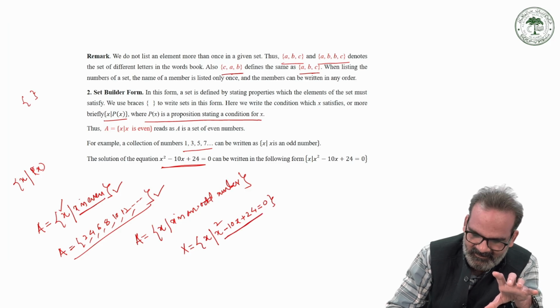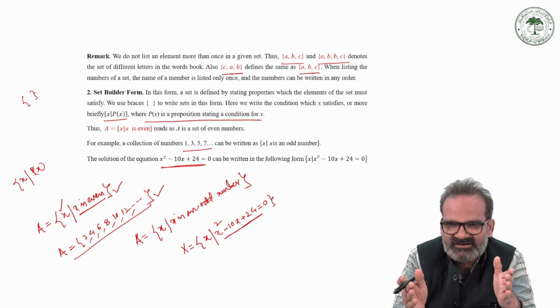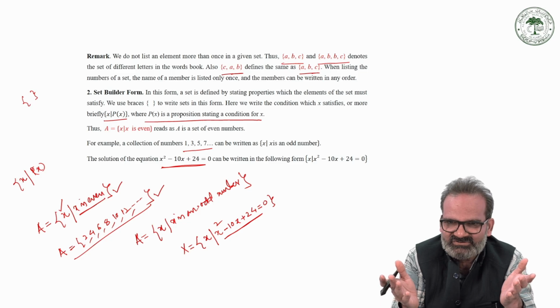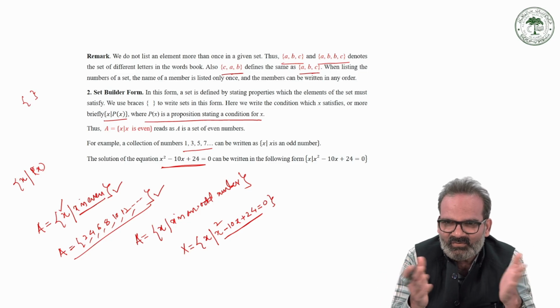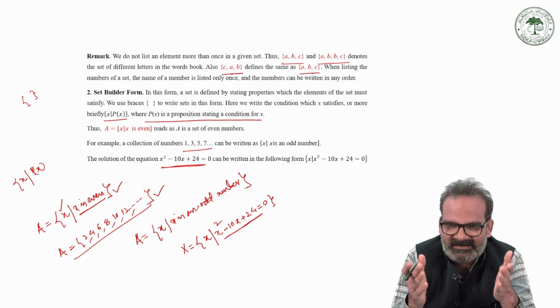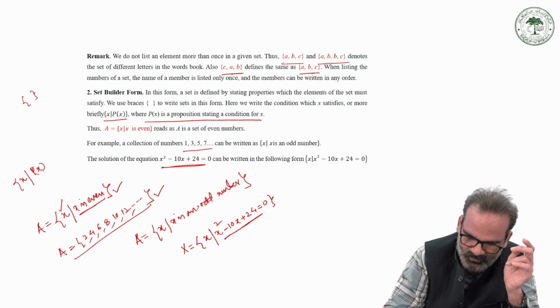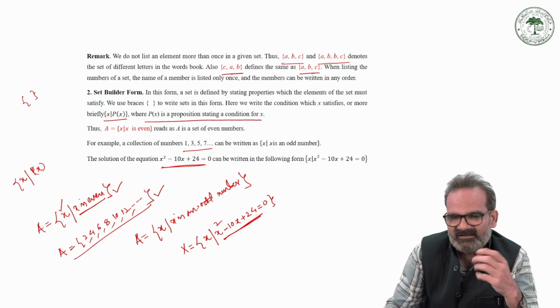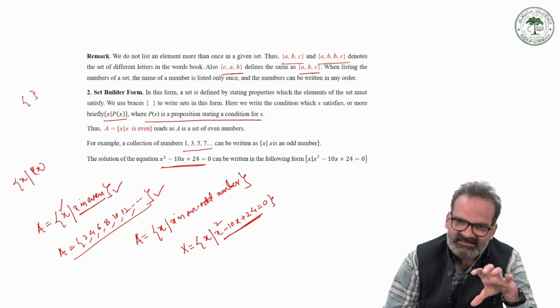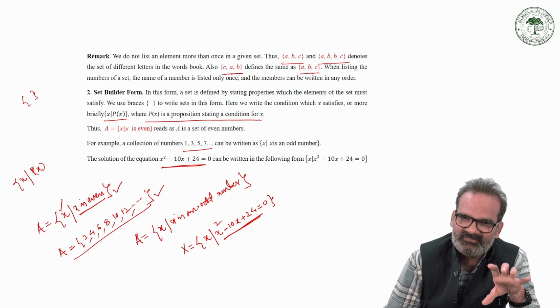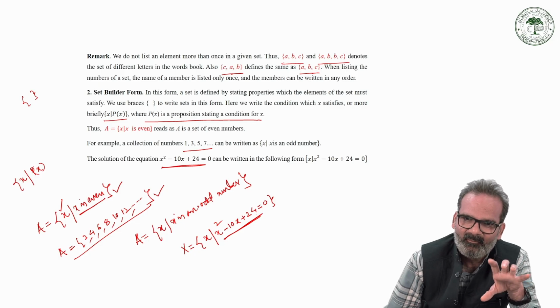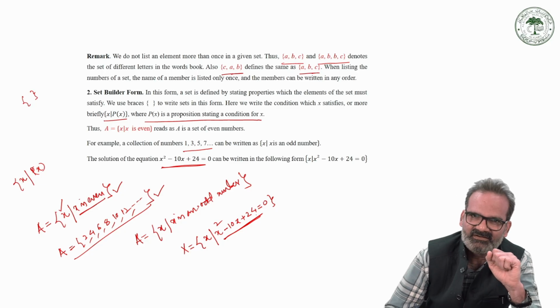Clear? Now this is a quadratic equation. You can find out its solution. So naturally it will have two roots, so you will get two values of x. So the set will contain only two values, which will be considered the roots of this equation. But this is how we read it: X is a set of those members which are solutions of the equation x² − 10x + 24 = 0, right?